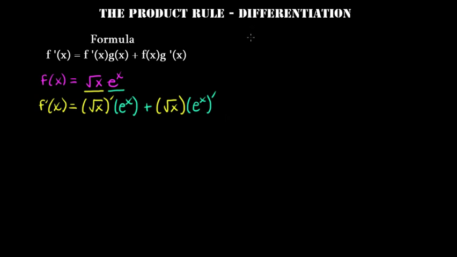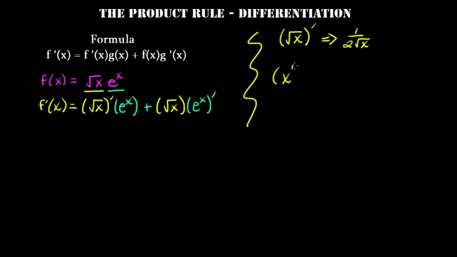So from here we can go ahead and simplify again. There are a few different ways to simplify when dealing with square roots, so I'll show you both ways here. If I'm looking at the square root of x primed, this will turn into 1 over 2 square root x. That's if you want to keep your square root. If you do not like working with square roots, you can go ahead and write it in the form of x to the 1/2 power primed. It's the exact same thing. It's just going to give us a little bit different of an outcome. So for x to the 1/2, we take our 1/2 and subtract 1 to decrease our power. So this would be minus 2/2, which will leave a negative 1/2.